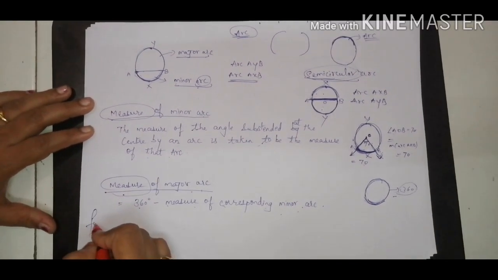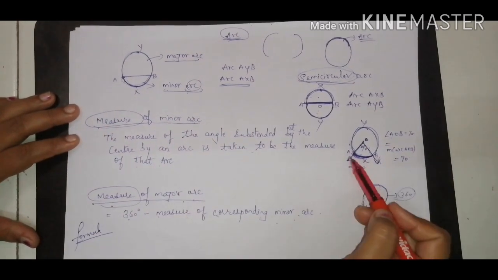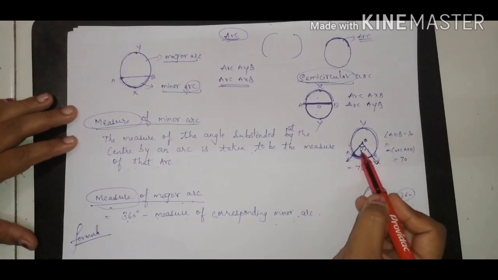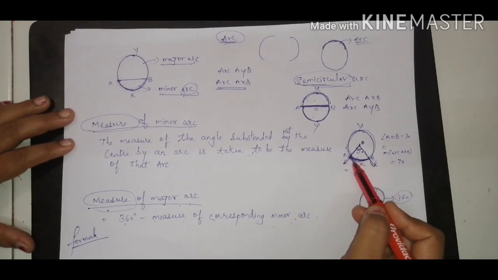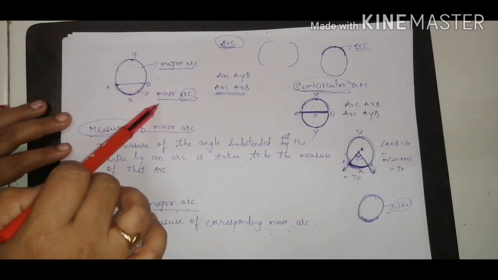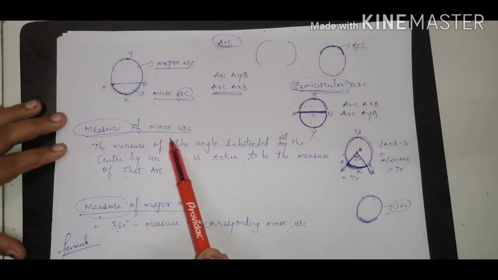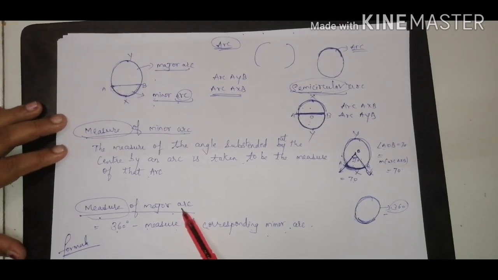This is the formula for finding the major arc, and if the central angle's measure is given, the minor arc has the same measure. So we have seen these concepts: major arc, minor arc, semicircular arc, how to find the measure of a minor arc, and how to find the measure of a major arc.